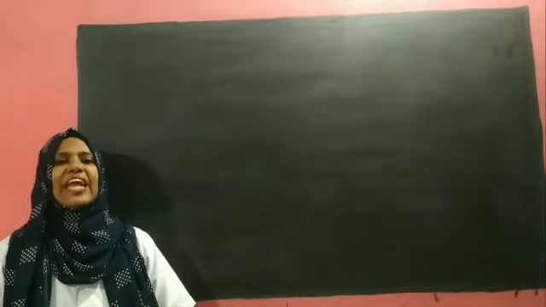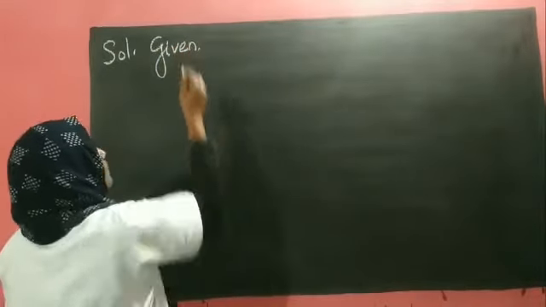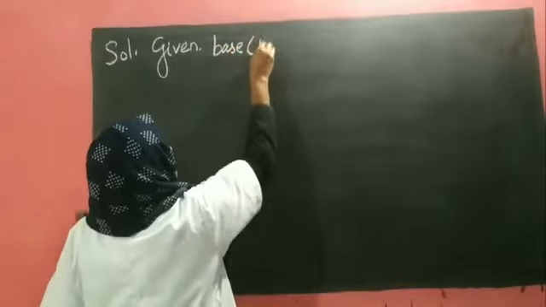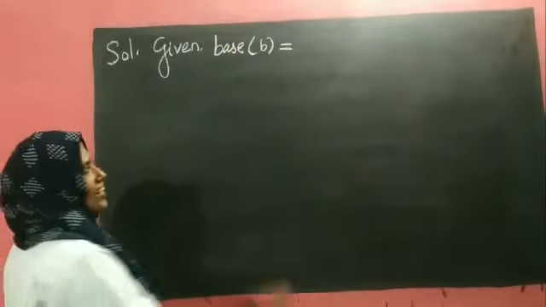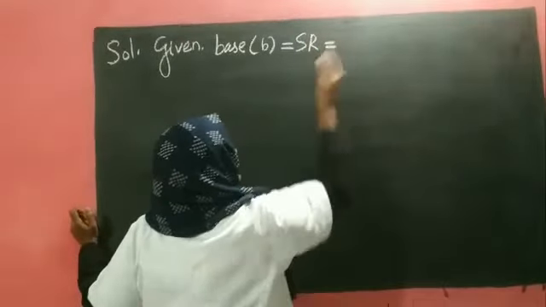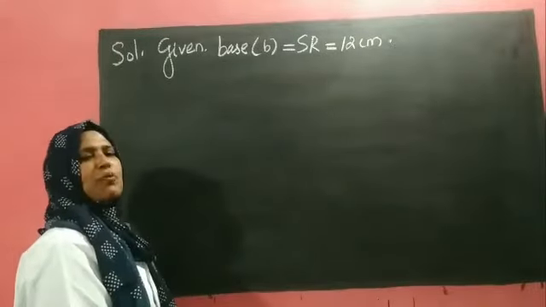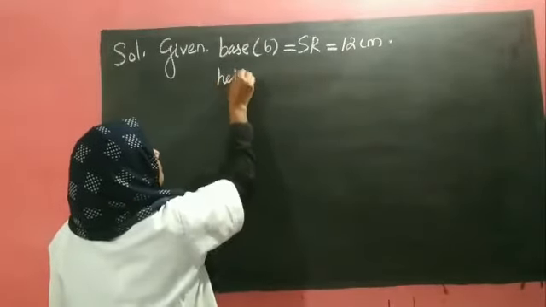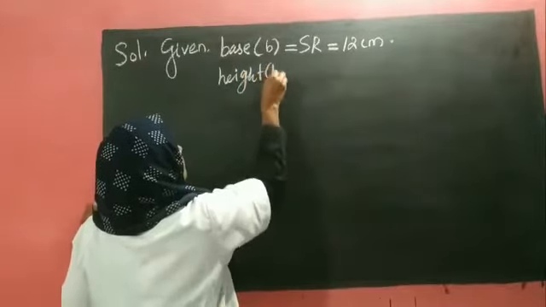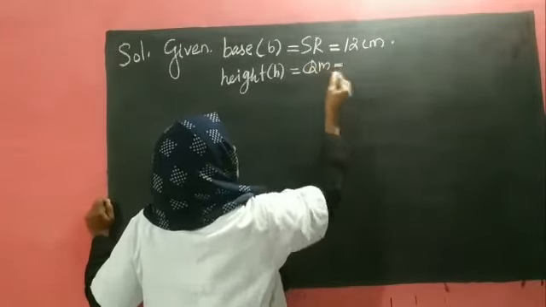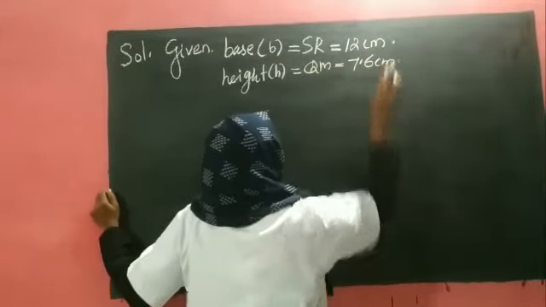Here we have to find out the area of the parallelogram PQRS. Given: base of the parallelogram is SR, which is equal to 12 centimeter, and corresponding height is QM, which is equal to 7.6 centimeter.